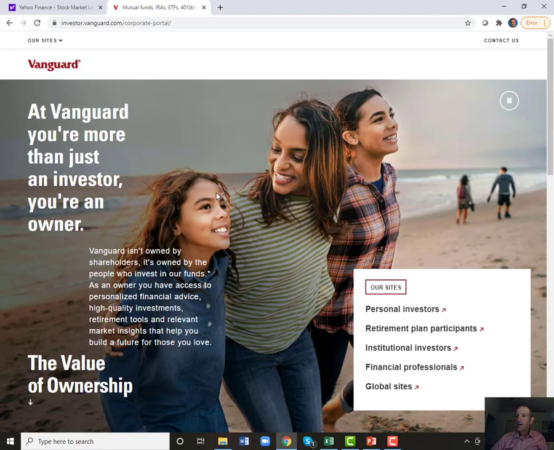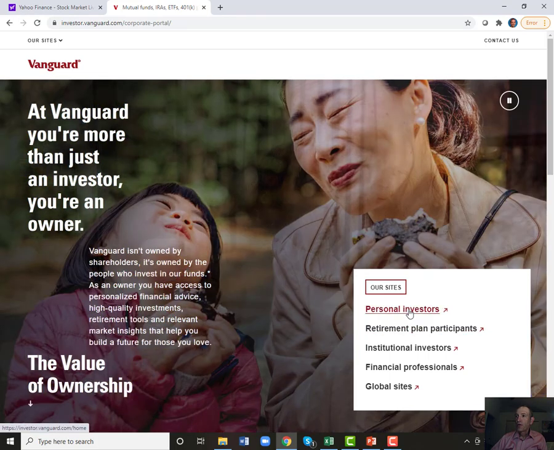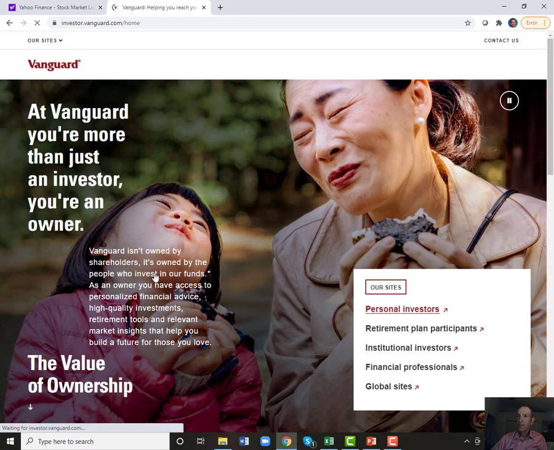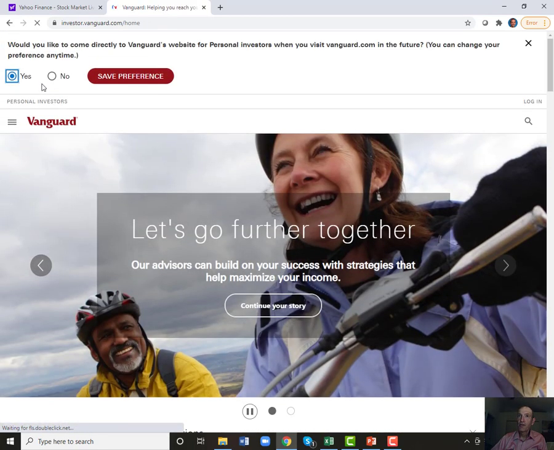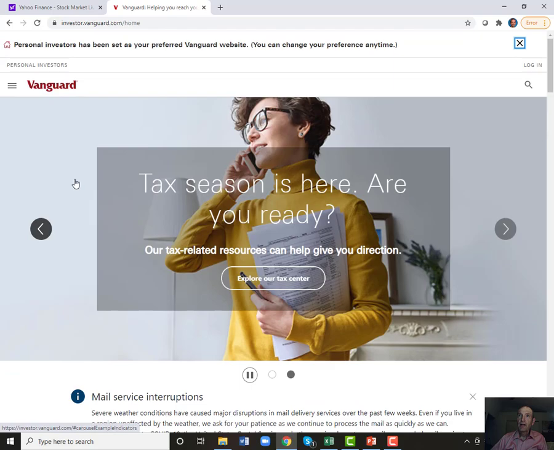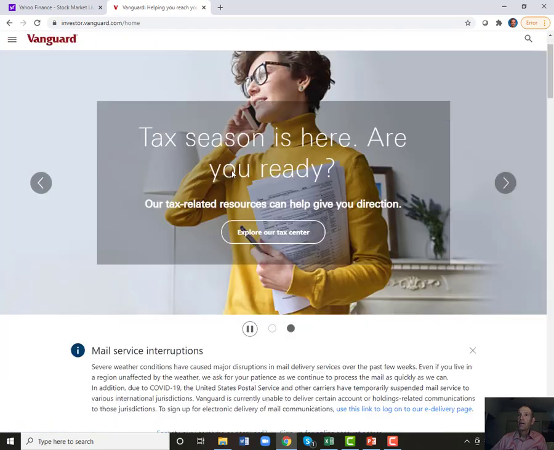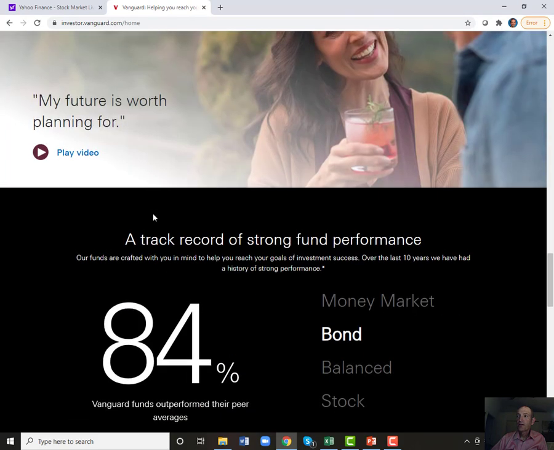So this is Vanguard's website. Vanguard's just one example. Go over to Personal Investors. Now you can also use this site when you're doing the manager attribution if you like. I'm not going to log in. What I want to do is find Vanguard's funds.